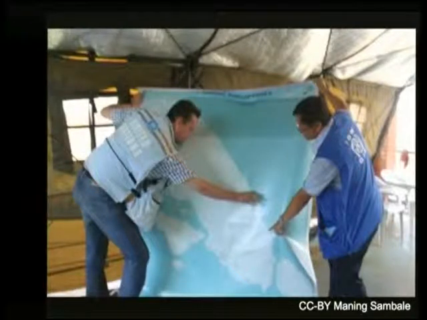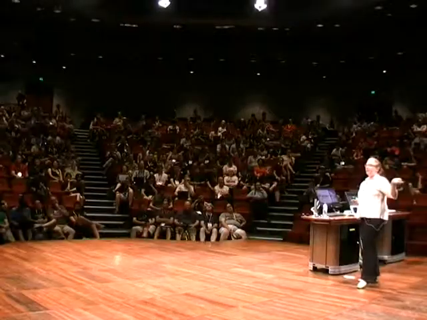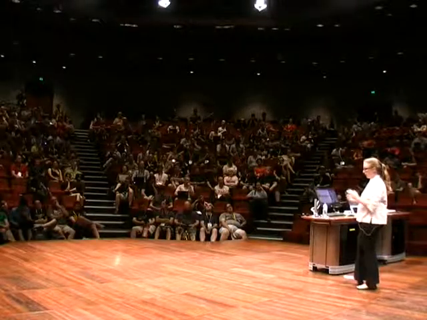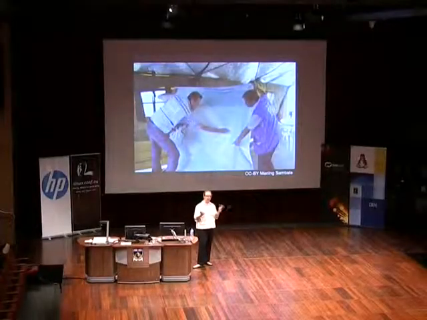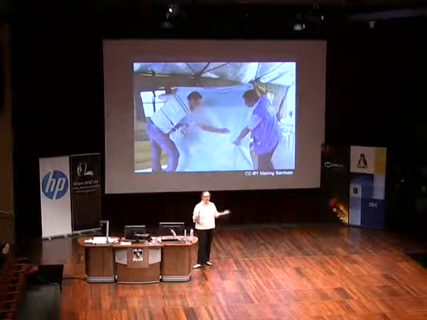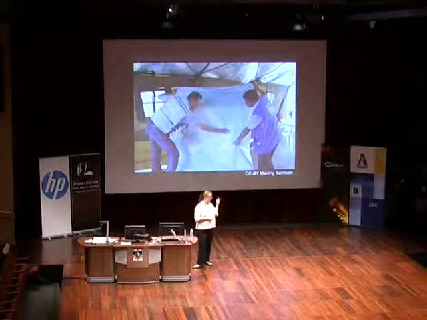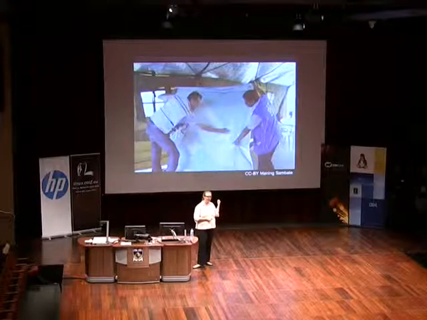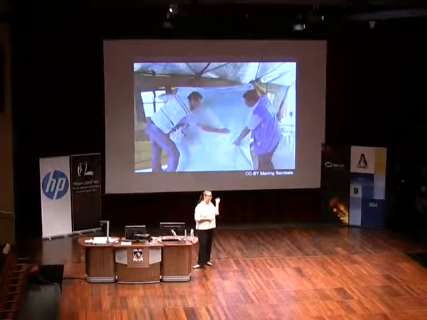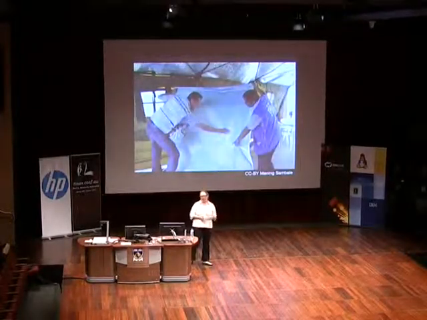These are members of the International Organization for Migration in the United Nations. What was sent down were those plastic banners, tarps that you print for events. Manning Sambal, one of the OpenStreetMap guys, printed those and sent them down. They're hanging in the airport so everyone has access to a large map of the area.